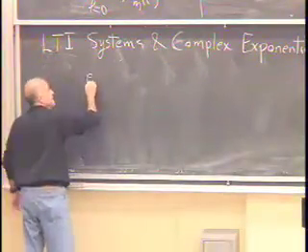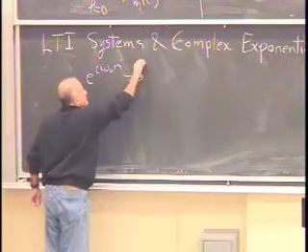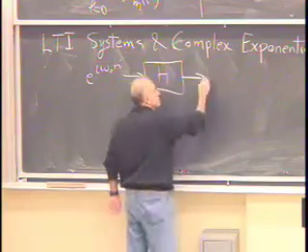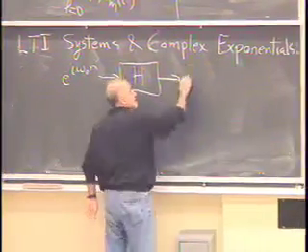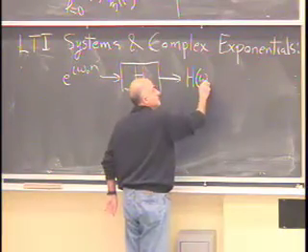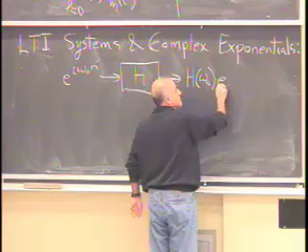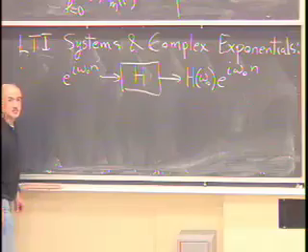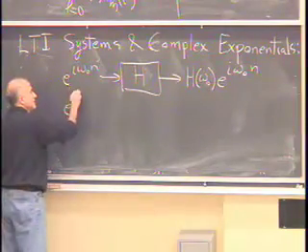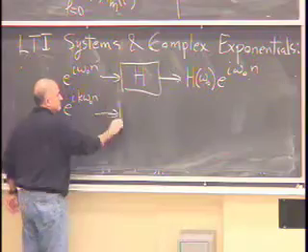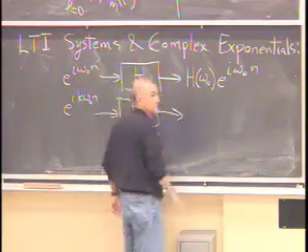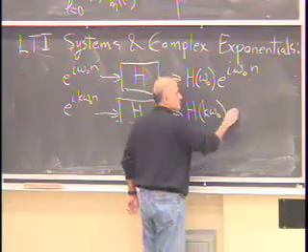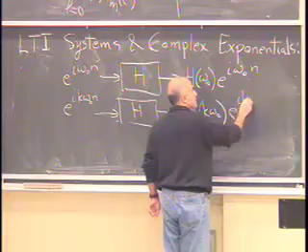You know from before that if you send e to the i omega naught n into an LTI system whose frequency response is h, what do you get out? H of omega naught e to the i omega naught n. Okay? What if I send an e to the i k omega naught n? What do I get out? H of k omega naught e to the i k omega naught n.